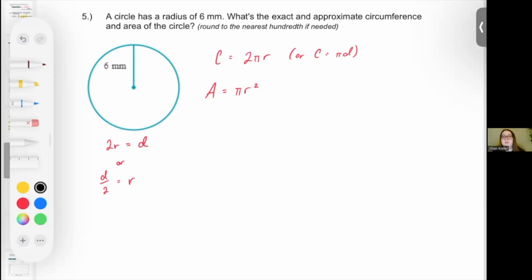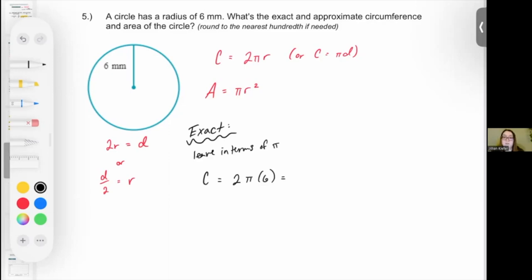We have two parts of this question. We want the exact and the approximate circumference. The exact calculations here means that you will leave it in terms of pi. So when we write this out, we'll have our circumference will be equal to 2 times pi times our radius, which we said was 6.